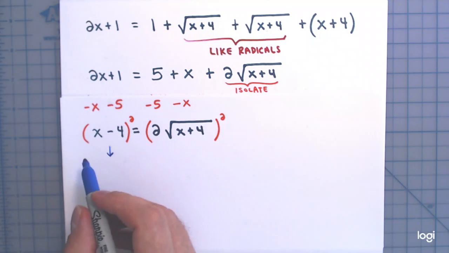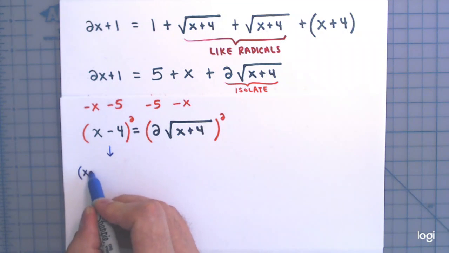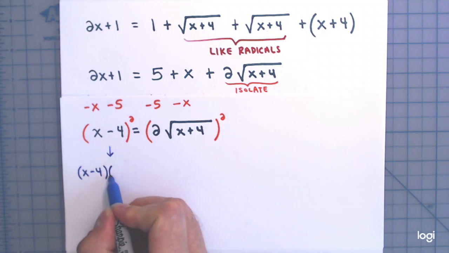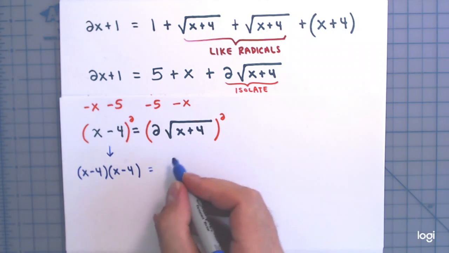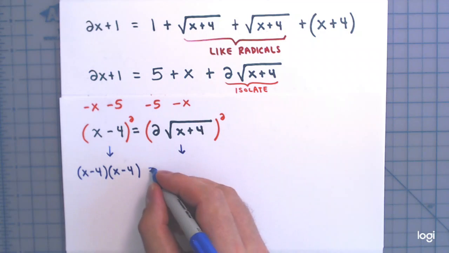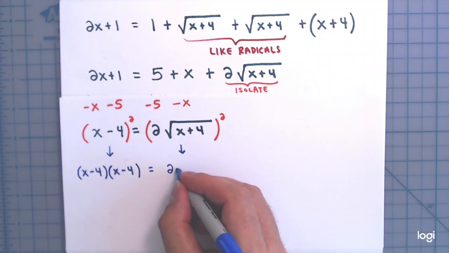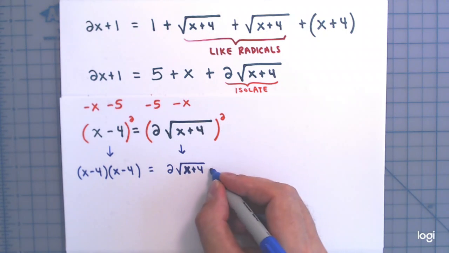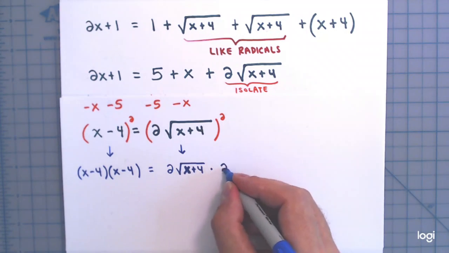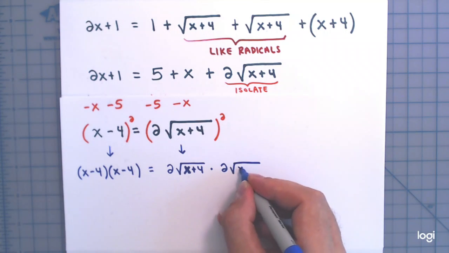This side means take x minus 4 and multiply it by x minus 4 again. That's what it means to square. And this side means take 2 times the square root of x plus 4 and multiply it by, again, 2 times the square root of x plus 4.